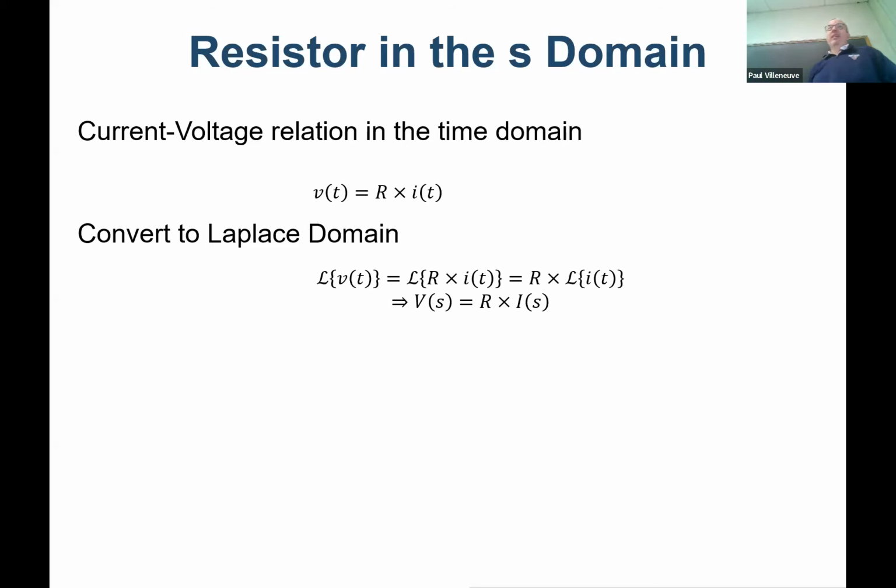So the Laplace domain transformation for v(t) is going to be equal to the Laplace domain transformation of R times i(t). And do you remember the mathematical property of multiplication by a constant in the time domain? What is that equivalent to in the Laplace domain?